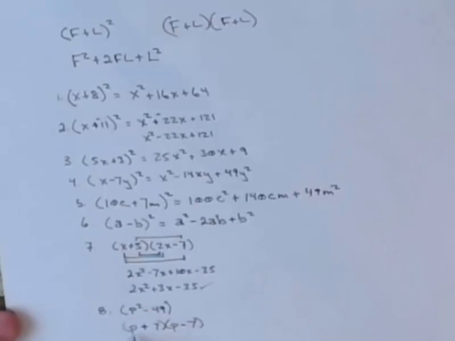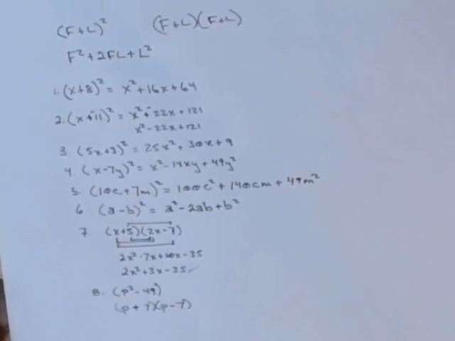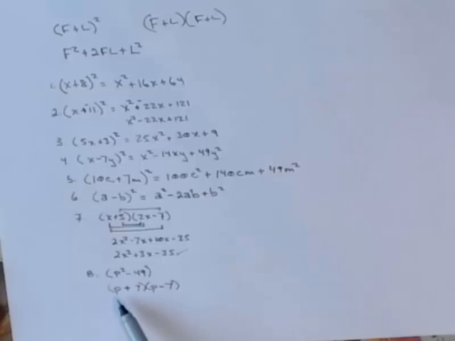My outsides would be negative 7p plus 7p, which would give me a net 0p, which is what is here. There's no p, 0p. And then 7 times 7 is 49. With opposite signs, it's a negative 49. And so when I factor p squared minus 49, it factors down to p plus 7 and p minus 7 as my two binomials.